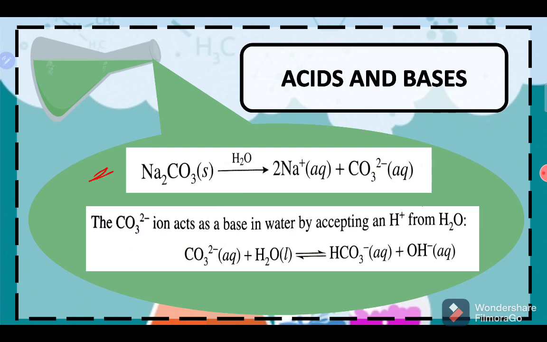Na2CO3 combines with water and dissociates into its ions, which are Na+ and CO3 with a charge of 2-. Now, the CO3 2- ion acts as a base in water by accepting an H+ from water.